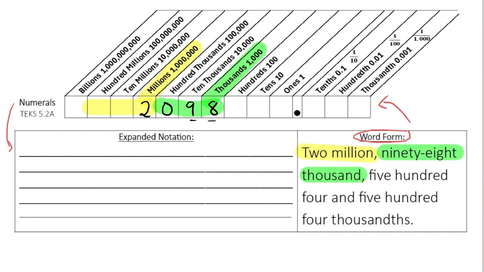Now let's go to the next one. The next one says 504. And that is right here. So to write 504, okay. And then the word and means decimal, which I do have there.